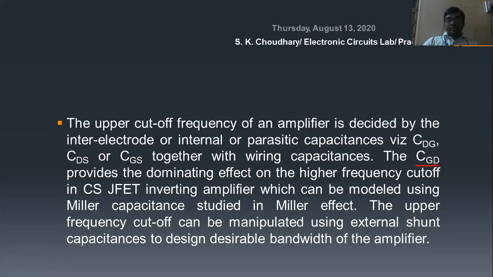CGD means the capacitance developed between the gate and drain terminal on the higher frequency cutoff in the common source inverting amplifier, which can be modeled using Miller's capacitance that we have already learned in the theory about the Miller effect. The upper frequency cutoff can be manipulated using an external shunt capacitance to design the desirable bandwidth of the amplifier.